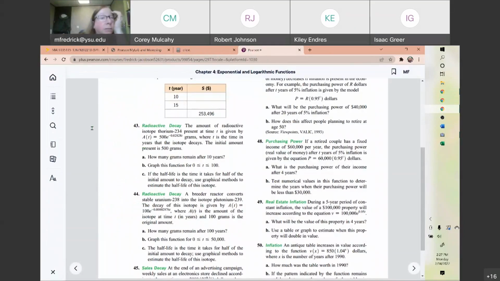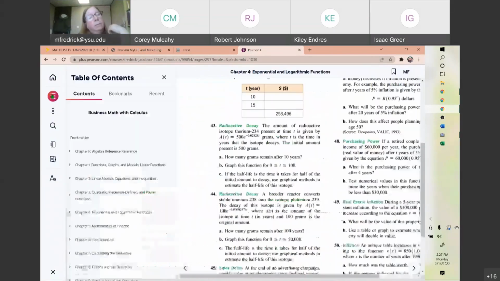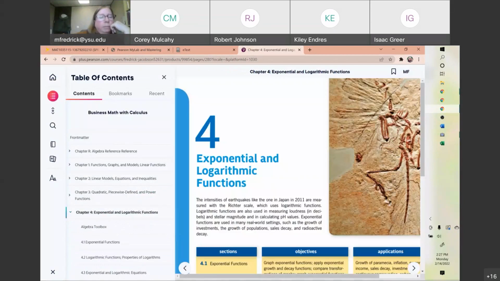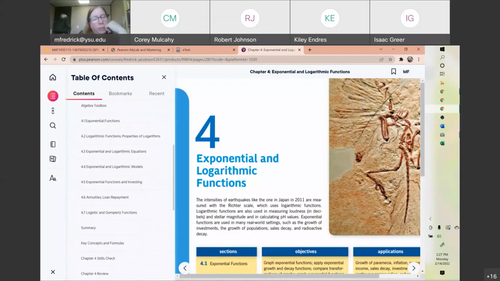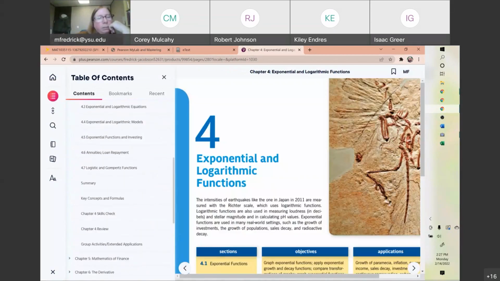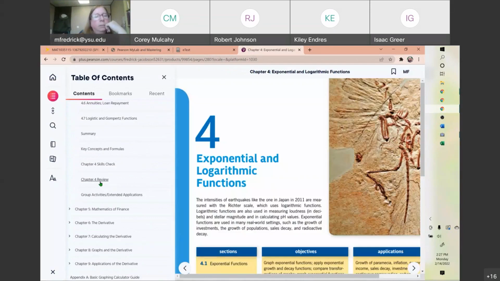Formulas. The formulas are under chapter 4. Here they are. Key concepts and formulas.